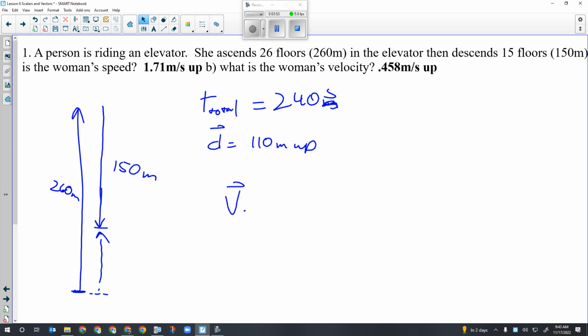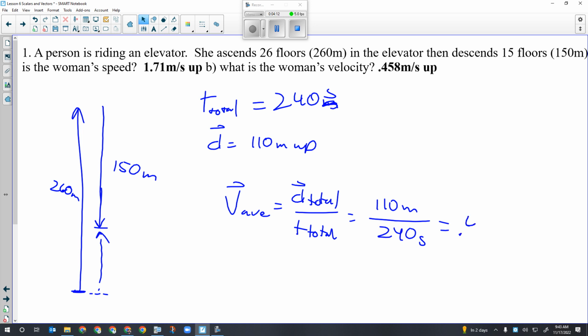Now I can calculate average velocity because I have the total displacement and the total time. That's going to be 110 meters divided by 240 seconds, which gives me 0.458 meters per second up. So when I read the question through, I saw that it said the whole trip took 240 seconds.